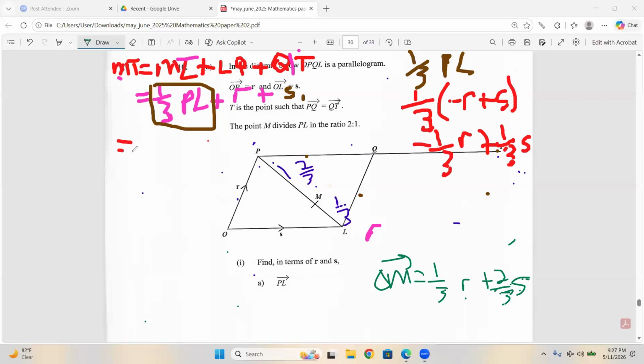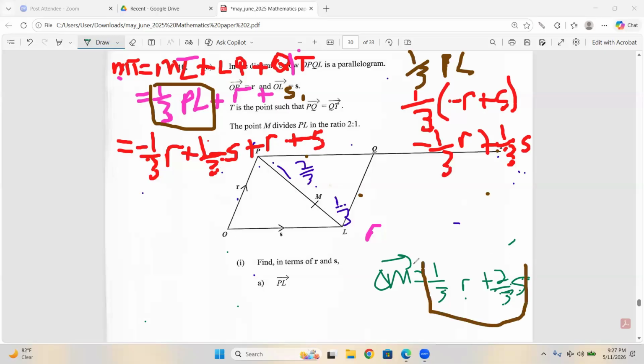Okay, so we could rewrite this as negative 1/3 R add positive 1/3 S. And we still have R here and S. We need to simplify it though. We have two terms in R, two terms in S. Because if we don't simplify it, it'll be difficult to tell if they're really collinear.